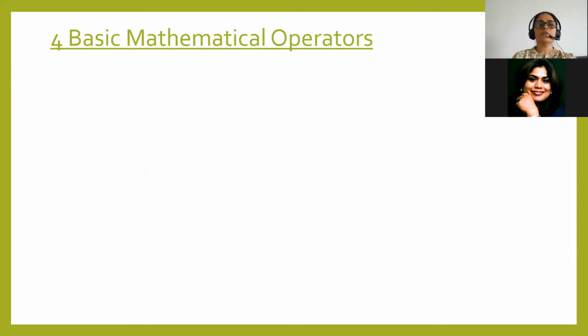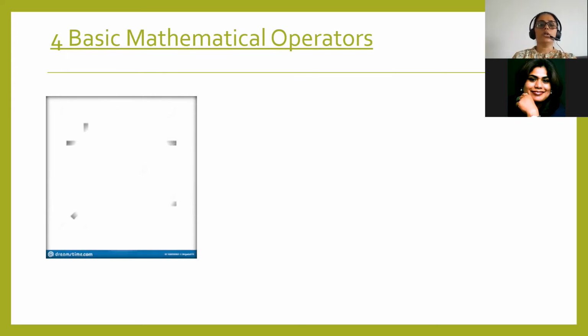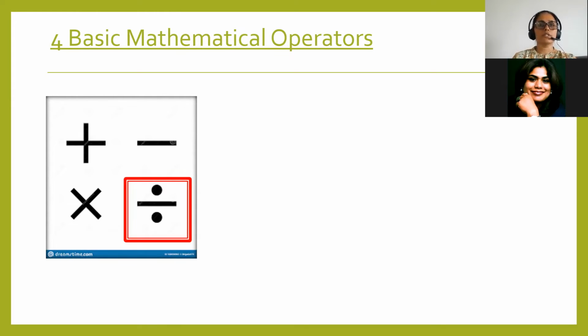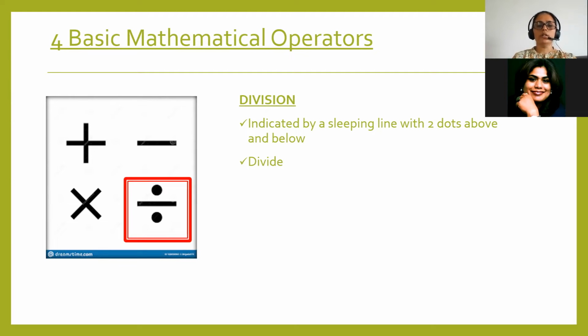As against this, when you move to division, how do you understand division? What does a division operator look like? It's a sleeping line with two dots, one above and one below. That's a division sign. What are the words that you have to be alert with? Divide the following, find the remainder and the quotient. In word problems, when the value of many has been given and you have to find the value of one of that object.